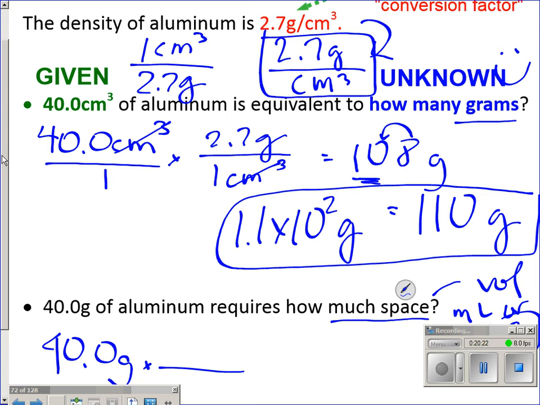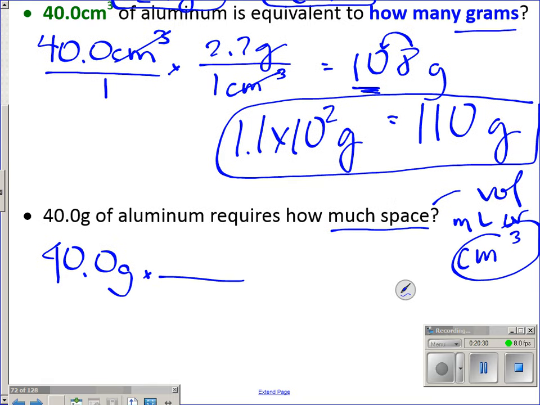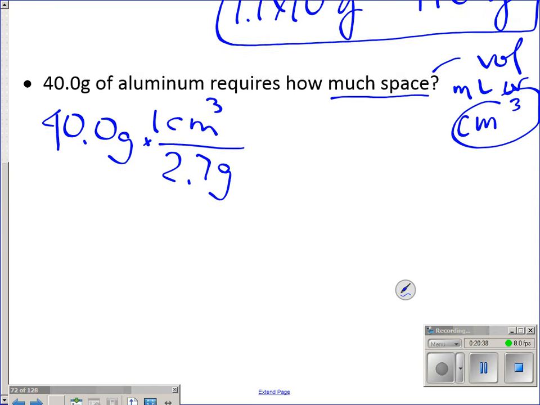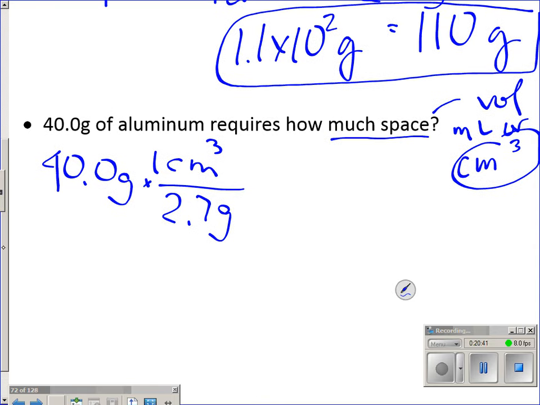So if I'm going to be canceling grams, the grams from the density have to go in the denominator. So I'm transporting this down here: 1 centimeter cubed and 2.7 grams. So using that conversion factor, I can now say grams, which is over 1 again. If you need to write that for yourself, do it. This gram and this gram can cancel.